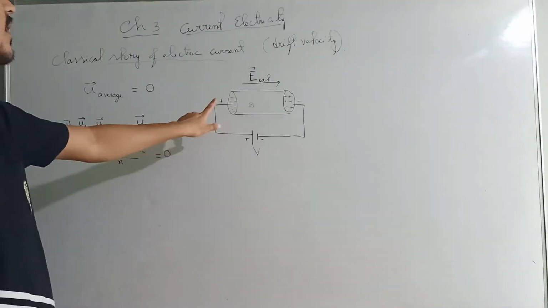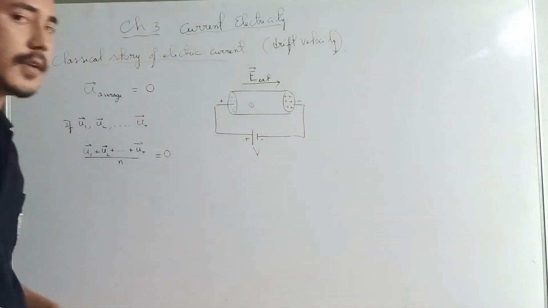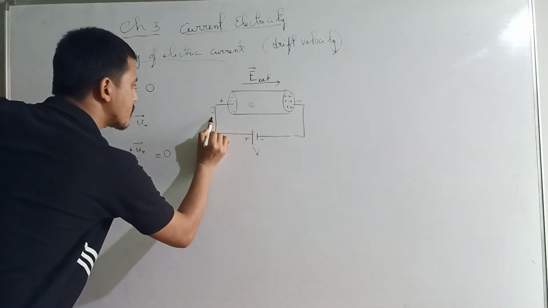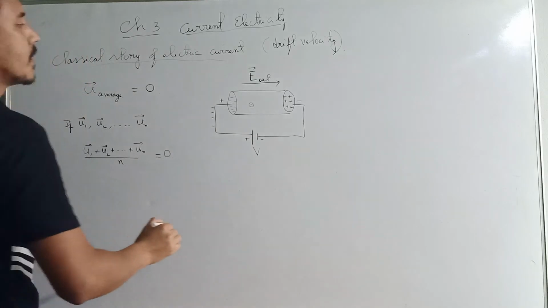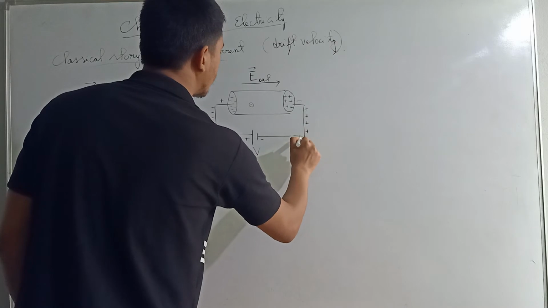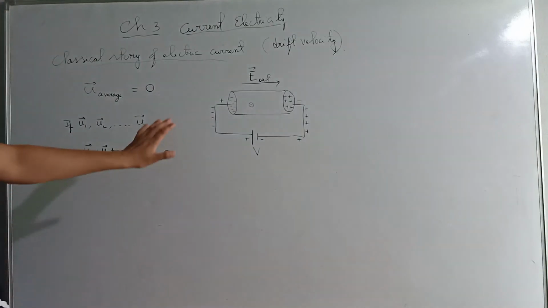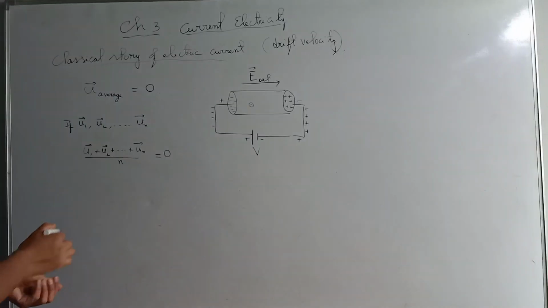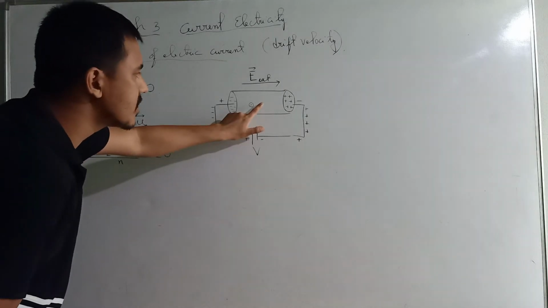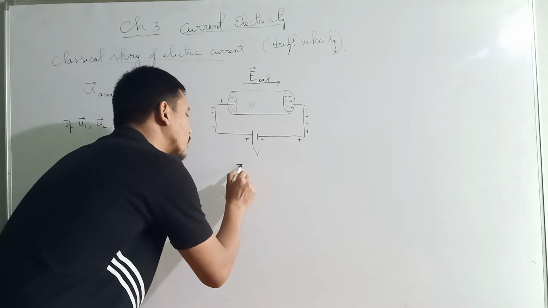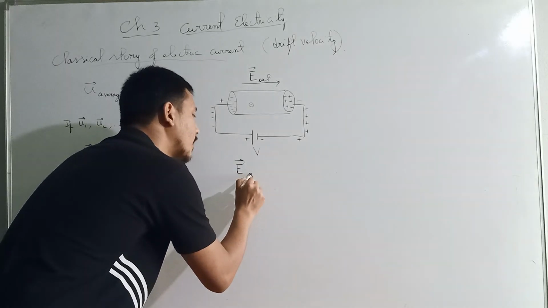Why? Because the conductor is connected to a wire. So the negative charges flow through this section of the wire, and the positive charges flow through this section of the wire. So there will be no accumulation of charges across the two ends of the conductor. Since there is no accumulation of charges, the induced electric field inside the conductor will decrease, and it will be approximately equal to 0 now.